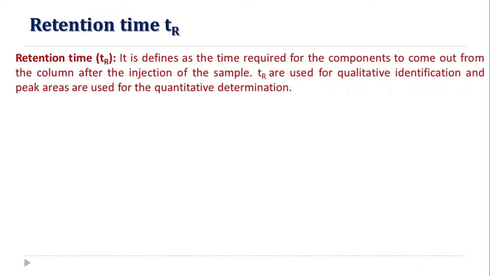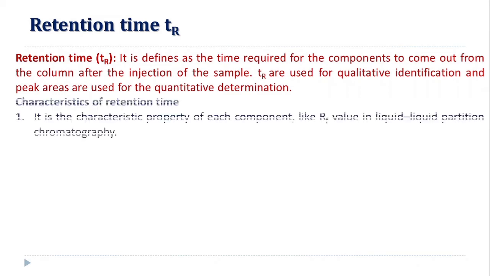So in gas chromatography, we can do qualitative analysis, that is, identification of the components, as well as quantitative analysis, measuring the amount of a particular component present in the sample.